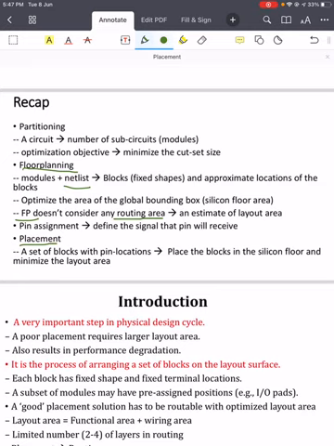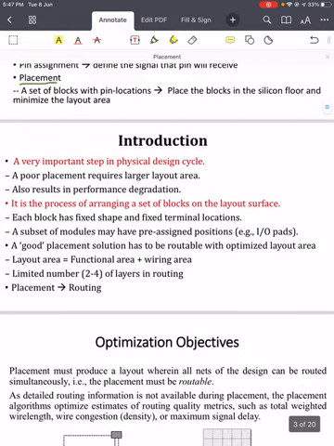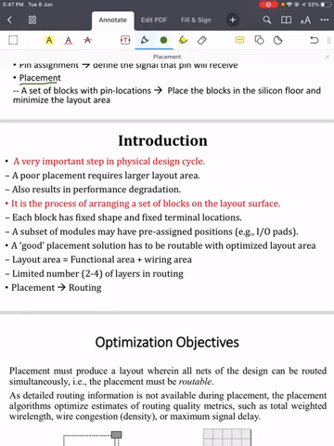Okay, so you can understand that placement is a very important step in VLSI physical design. If you end up with a poor placement, then your design may take a very large layout area. In addition, it may result in some performance degradation, right?